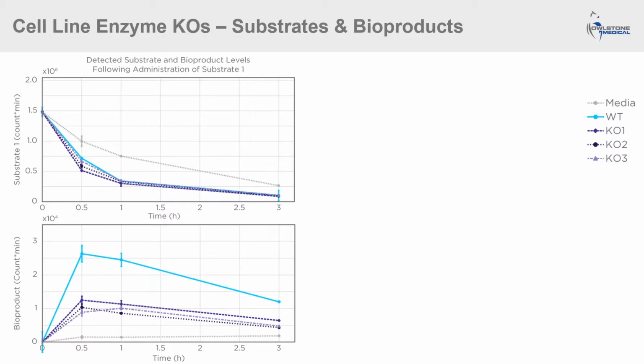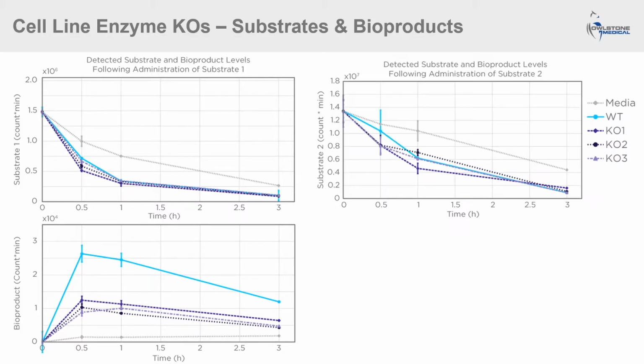However, we still see some bioproduct, probably due to other isoforms of this enzyme that are mediating a similar reaction. However, we also investigated additional bioproducts to identify some that may have a higher affinity for our target enzyme and therefore provide better results.